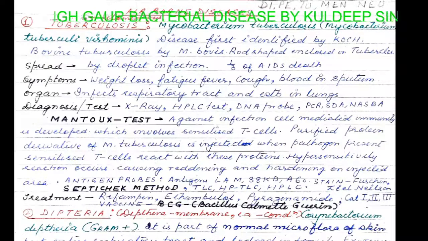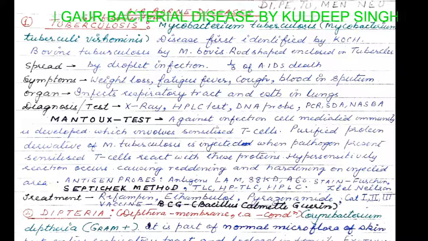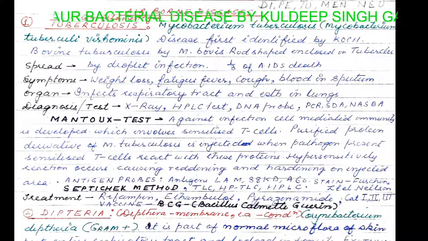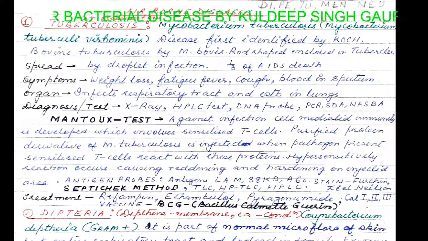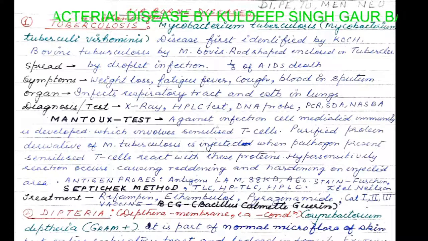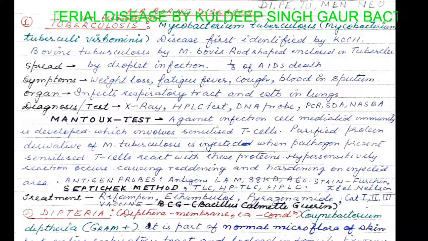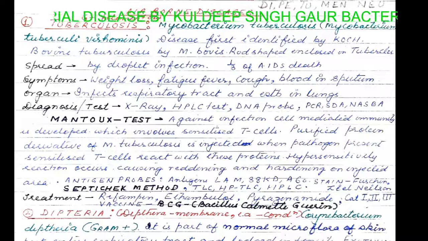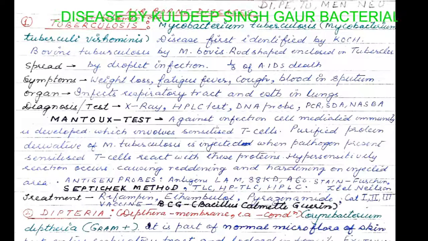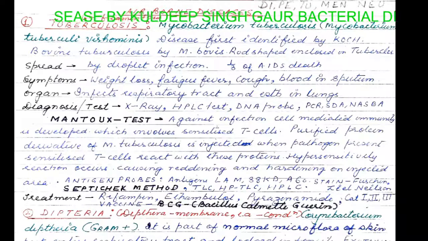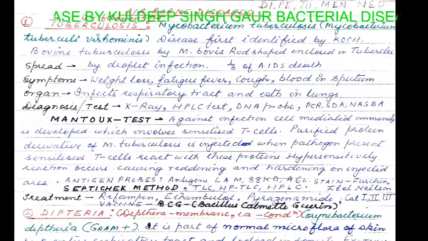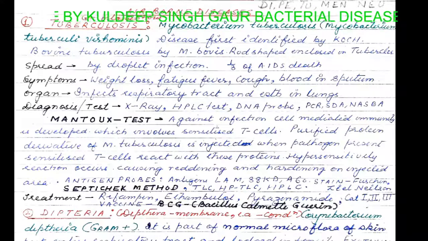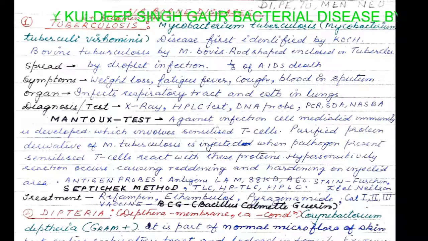And we have the Mantoux test in place for identification of tuberculosis, which involves an injection of purified protein from the pathogen, and the already sensitized T cells react with these proteins.